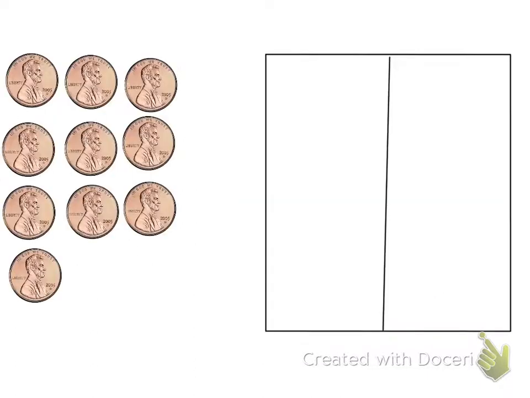Okay, so here I have 10 pennies, and I want to share these pennies with a friend. I'm going to put half the pennies on either side of my paper, and I'm just going to draw the picture to help save time.